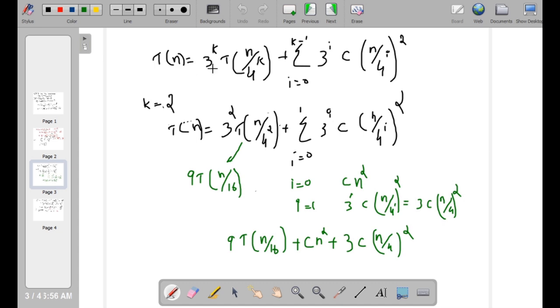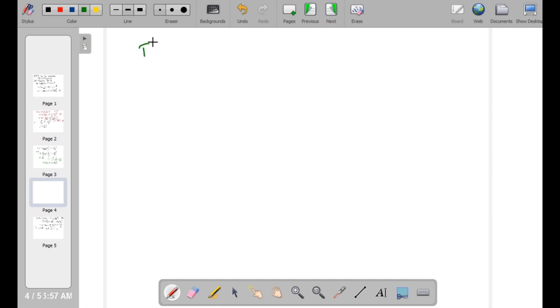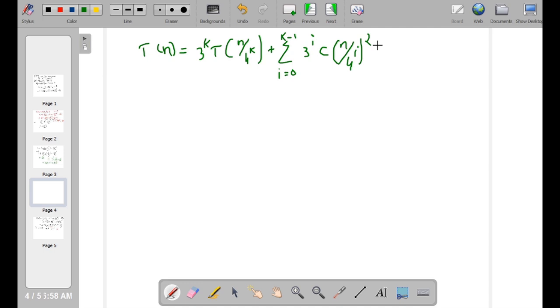Our general equation is T n equals 3 raised to k T n by 4 raised to k plus sigma i equal to 0 to k minus 1 3 raised to i c n by 4 raised to i whole square. Okay, next let us think about the last level. This was the general equation.